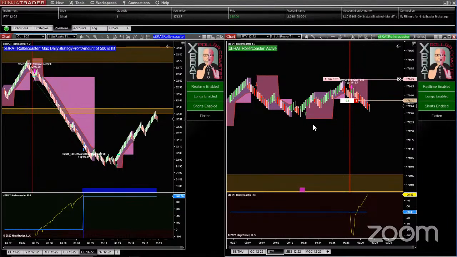RTY is in profit now. It needs to move, I think. It needs to test this support, and the price action needs to move a little more before the risk-free, before the trailing stop starts going.